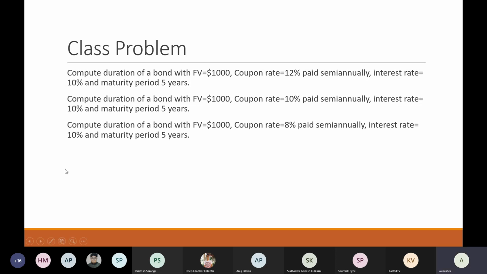So remember again, your duration is nothing but the summation of weight into t, t equal to 1 to N. And your weight is basically the cash flow in a given year, CFt, divided by the summation over t equal to 1 to N of CFt divided by (1 plus R) power t. Assuming here the payment is annual.